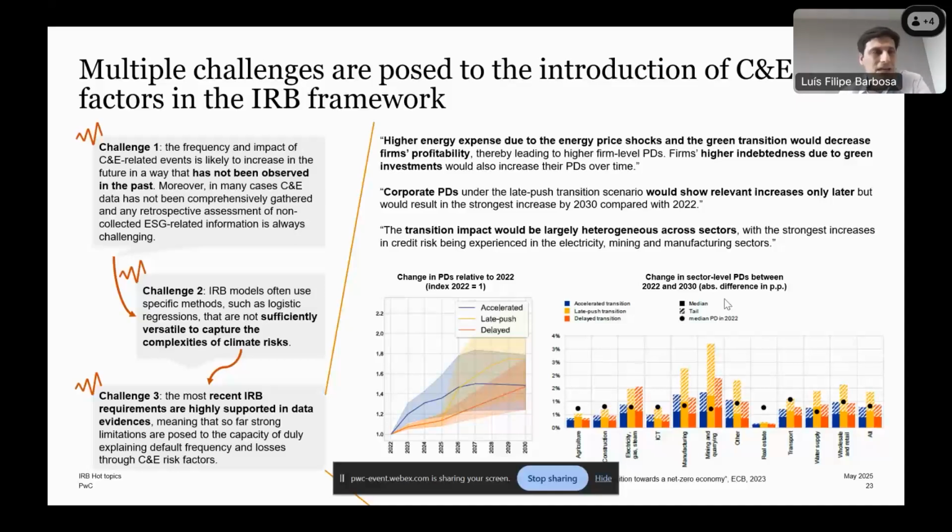We also know that from the IRB perspective, in many situations the approaches that are used are linked to very specific standards that are less flexible to this kind of climate risk, which has a very specific profile. The typical logistic regressions most often are not sufficiently flexible to understand what could be the reality ahead of us.